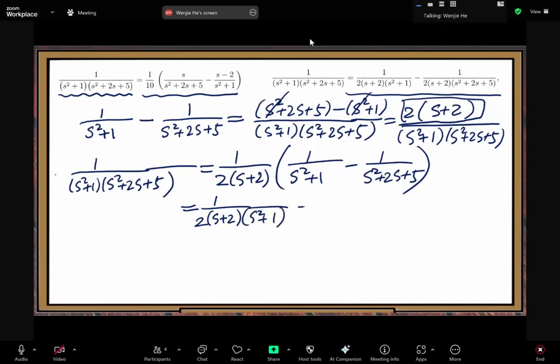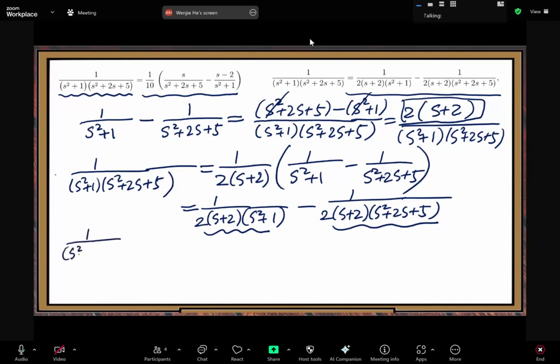Then let's do multiplication. Then split, more split into 2 fractions. The first one, the split, oh, sorry, no square here.